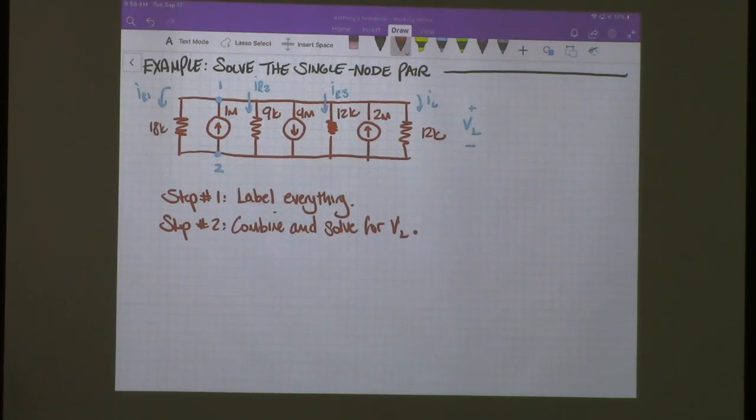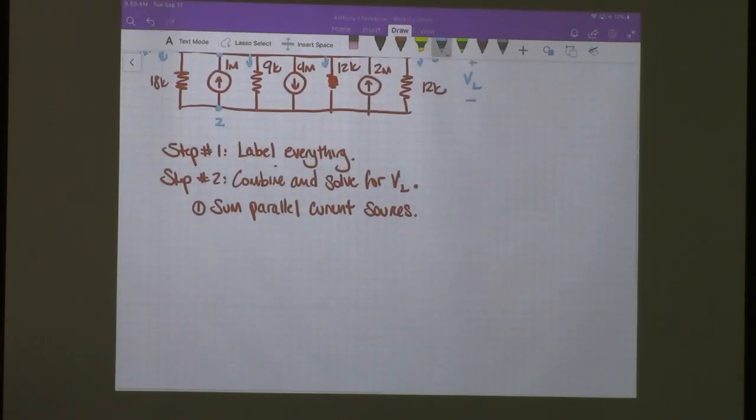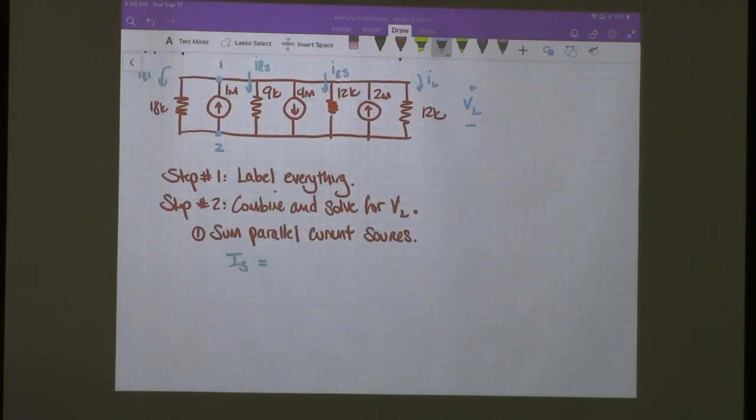Exactly. We learned just now that the current sources will add when they're in parallel. So I will give this a value, I'll call it IS, and that's going to be equal to, and I'm going to give it a little arrow pointing up.